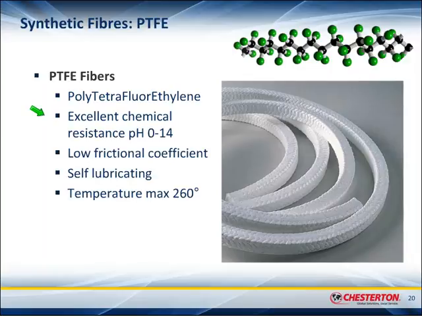But where graphite is not resistant to some very strong oxidizing agents, PTFE has better resistance to that type of chemical, so it can be used practically over the whole range of chemicals that are out there. The only drawback that it has in comparison with graphite, for example, is the temperature resistance that is only up to 260 degrees C.